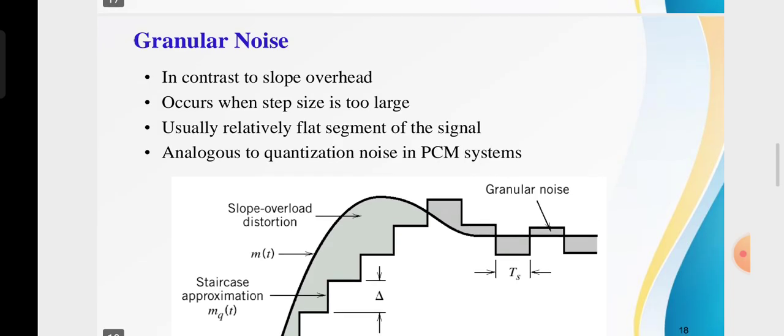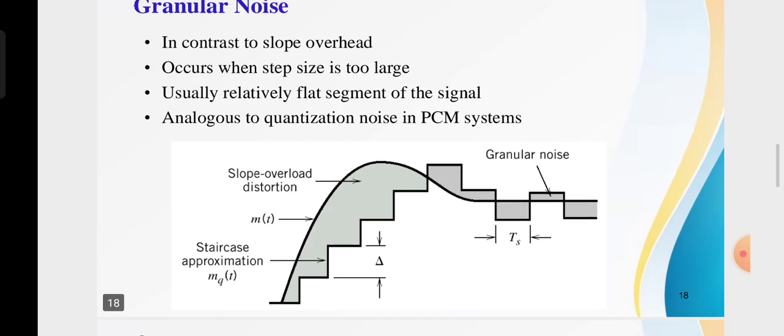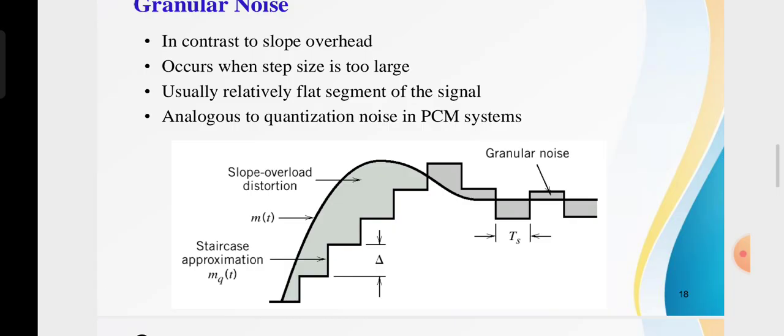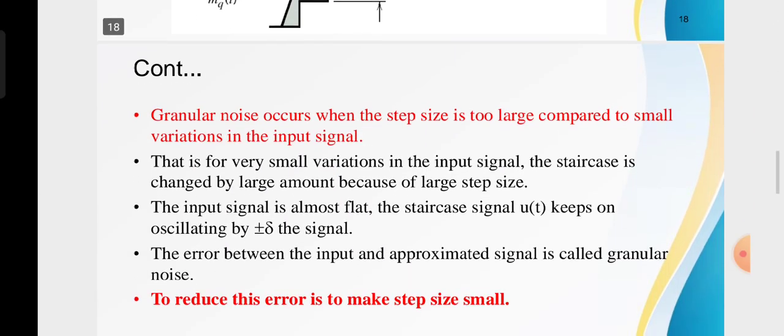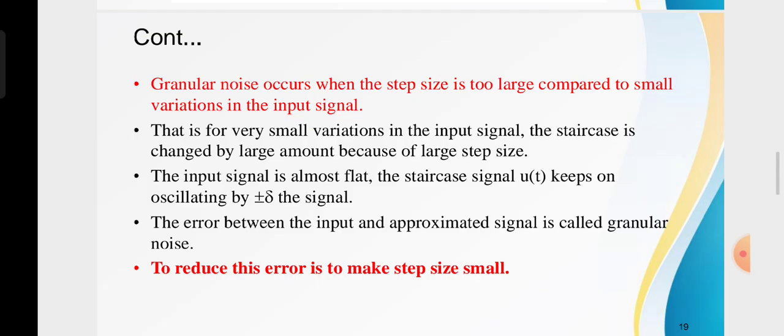So let's see granular noise. This is in contrast to slope overload. Granular noise occurs when the step size is too large, usually over flat segments of the signal, and this is similar to the quantization noise in pulse code modulation systems. It occurs when the step size is too large compared to the small variation in the input signal.